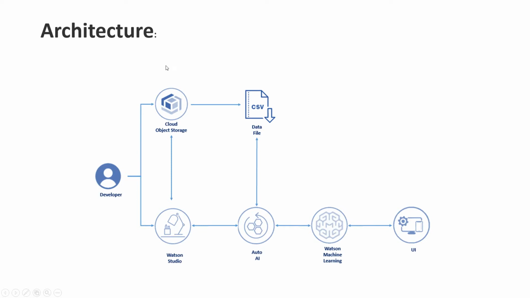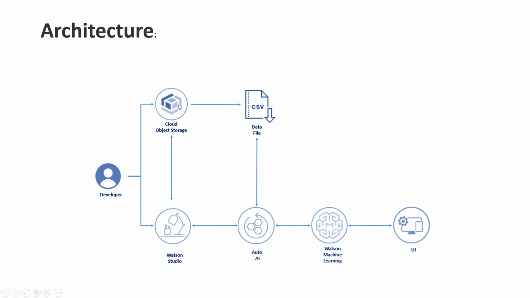So here we have the person who is actually developing the project. First you need to create the service using the Watson Studio, and then we also create an Auto AI, and then we need to add the data set by creating the cloud object storage and referencing it.